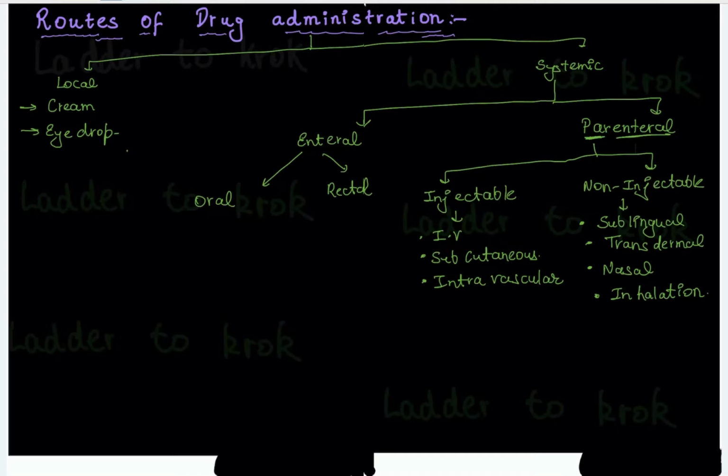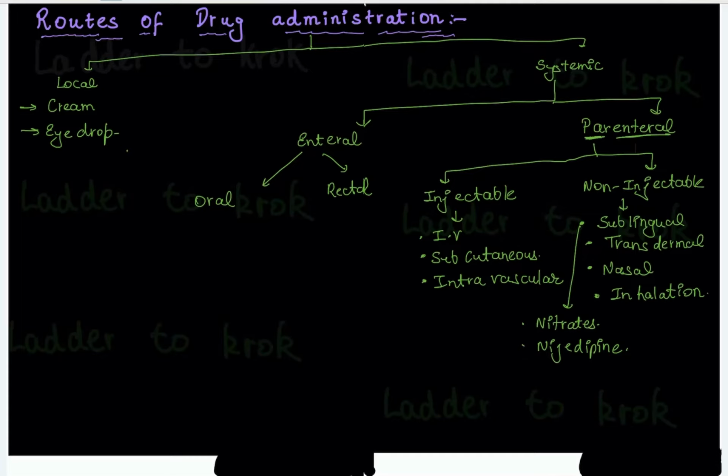Do you know how we can give a drug sublingually? There are some examples for this, like nitrates or nifedipine. What we do is put a medicine under our tongue and it is absorbed by the lingual vein, which is present below our tongue. From there, these drugs get absorbed into your blood circulation.